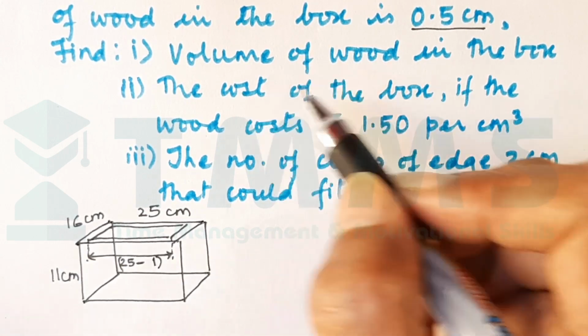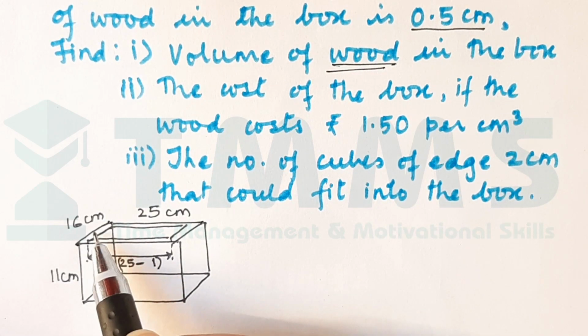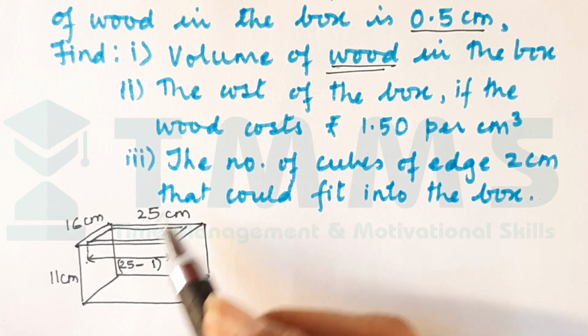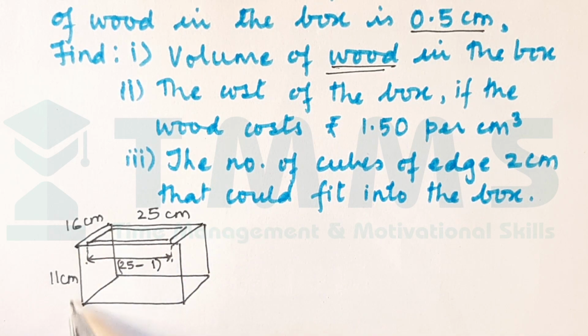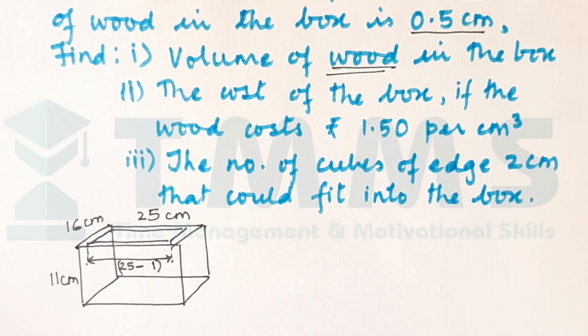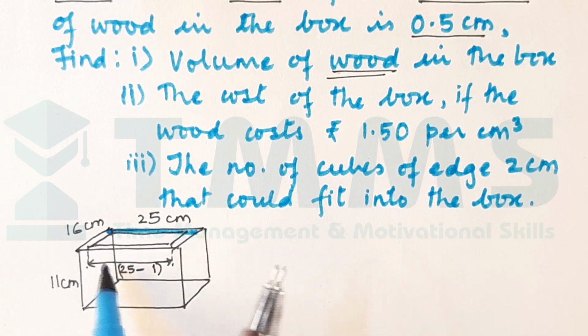So when I want the volume of the wood, now remember the wood is not the entire volume here because it's hollow from inside. And so we will take the external volume minus the internal volume. Let us see the thickness here. Can you see this?